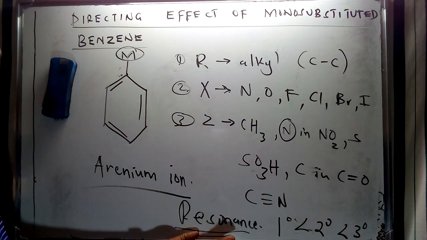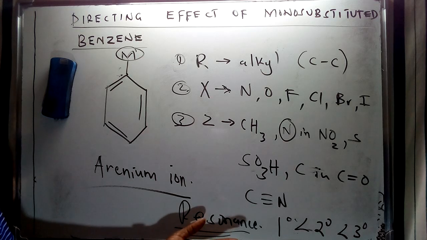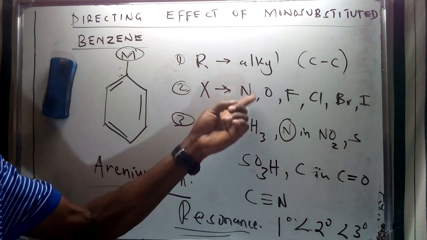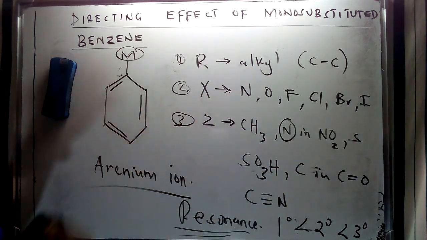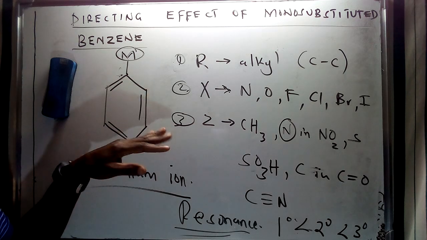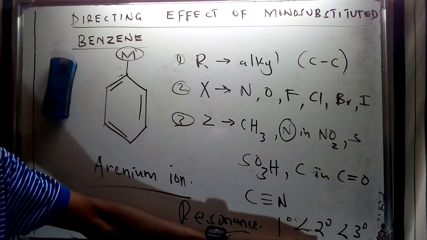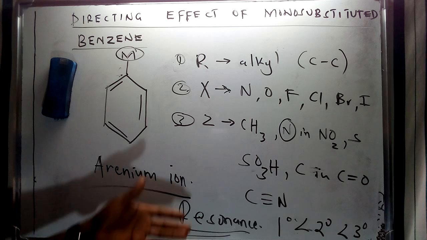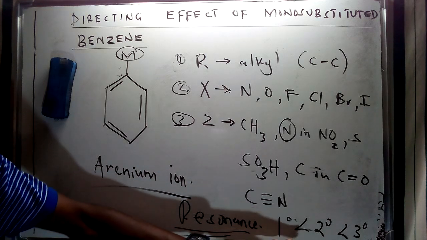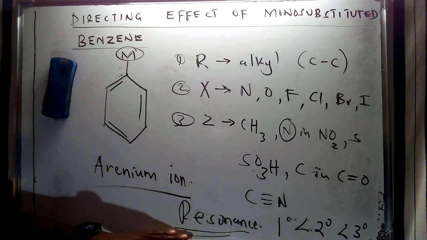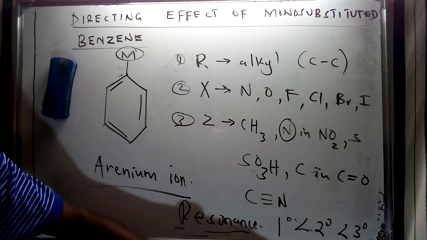Therefore, the concept of resonance is going to help us determine which particular substituent is going to attach at that particular point, and whether that point is going to form a stable ion or not. So for the first degree resonance structures, we're going to see that it's not going to be effective.